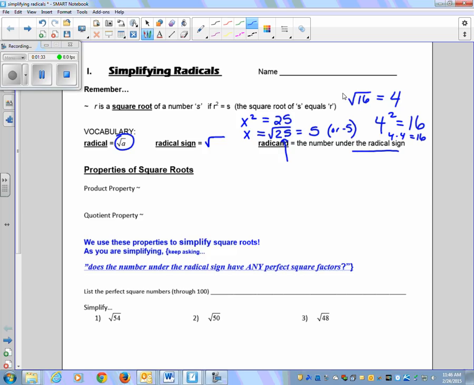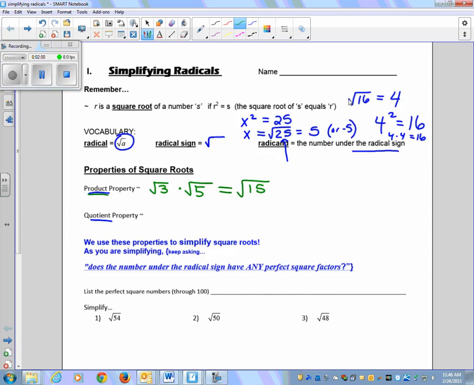All right, there are some properties of square roots, product property and quotient property. The product property says that if you have two numbers that are both under square root signs, like the square root of 3, and you multiply it, product means multiplication, by the square root of 5, you can actually multiply these numbers and then get the square root of 15.